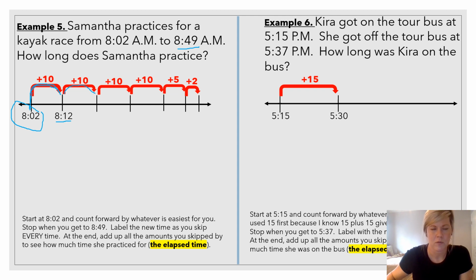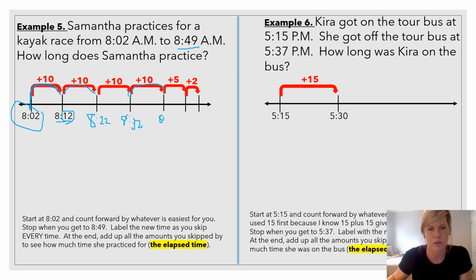Another 10, my new time would be, think to yourself, what is 12 plus 10? That would be 22. 22 plus 10 more would be 32. 32 plus another 10 would be 42.